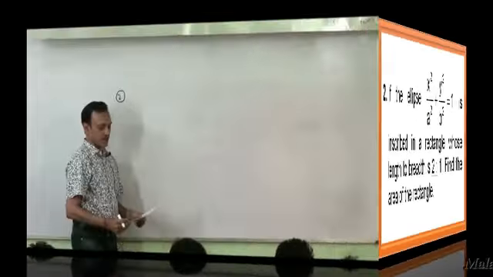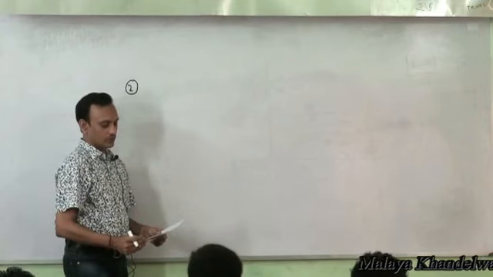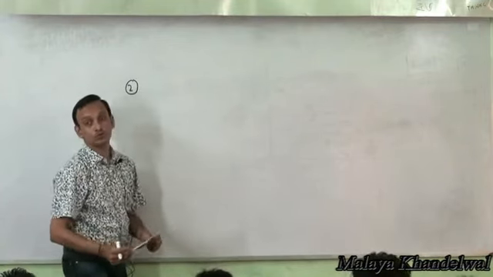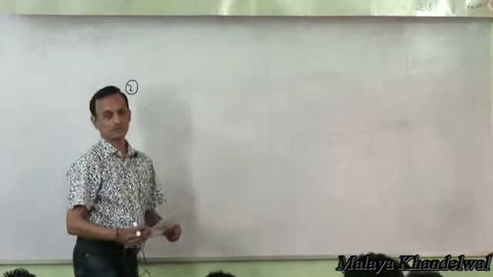An ellipse is inscribed in a rectangle whose length to breadth is 2:1.